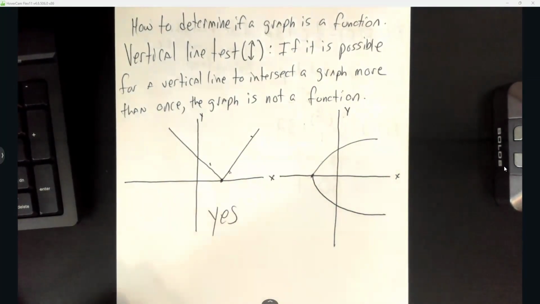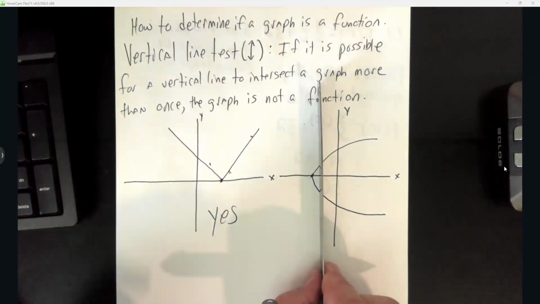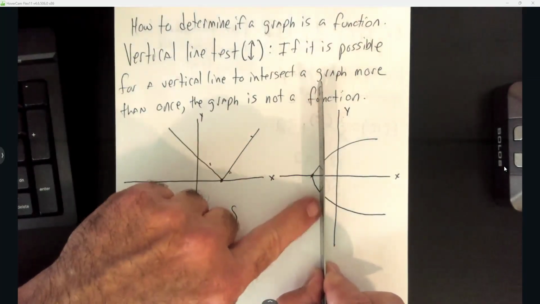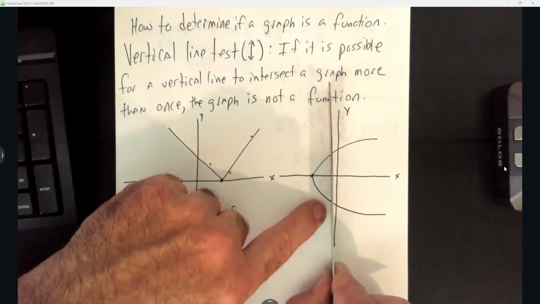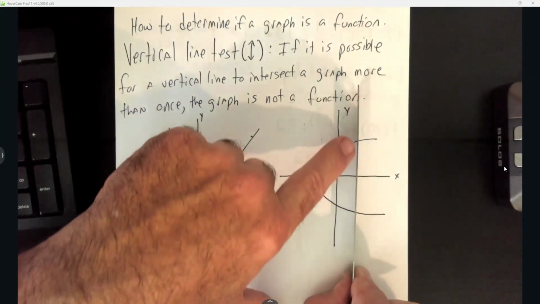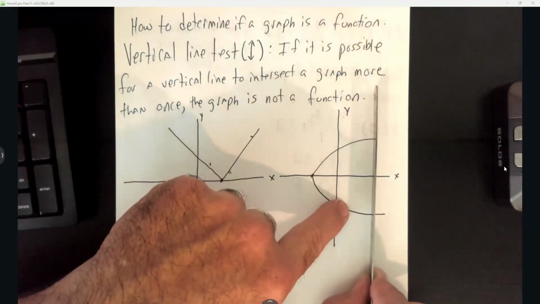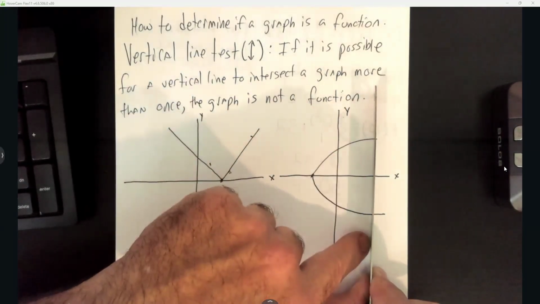But y'all look over here, vertical line running down, intersects it on top and bottom. This one intersects it on top and bottom. This one intersects it on top and bottom. This one intersects it on top and bottom.